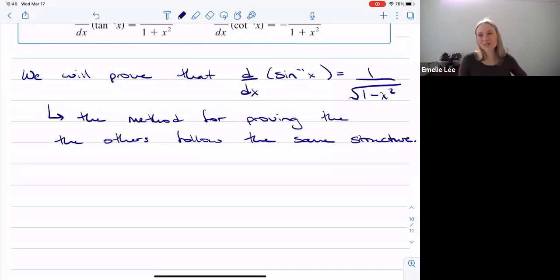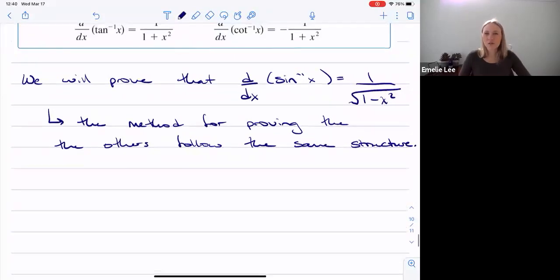What's nice about proofs is, well, you know what you're working towards, right? You're trying to show that this is true, but easier said than done, right? Okay, so what we want to talk about first is what does it mean?